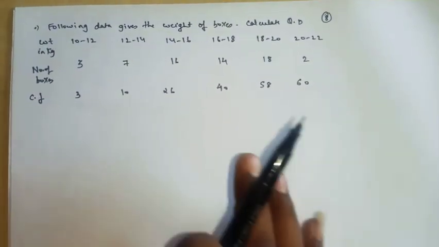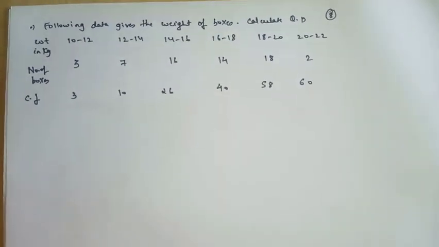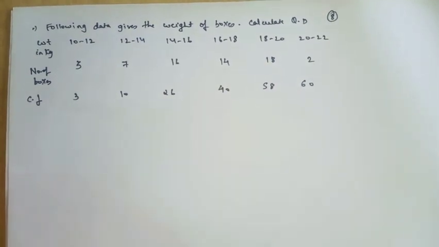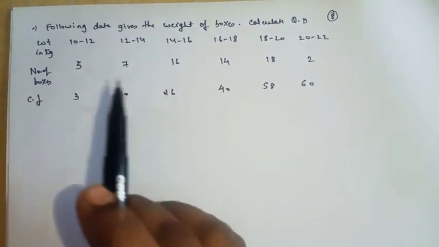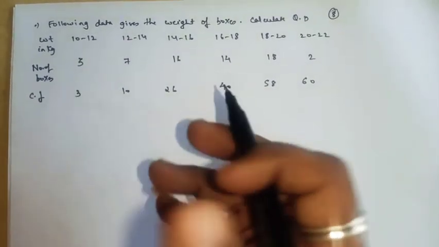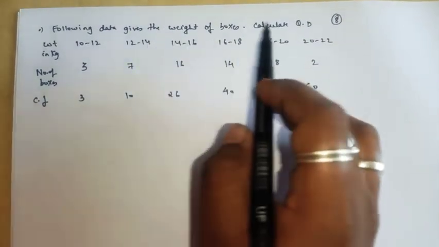So in this sum there is no need to find the cumulative frequency, as they have already mentioned it. Simply we have to find the quartile deviation.